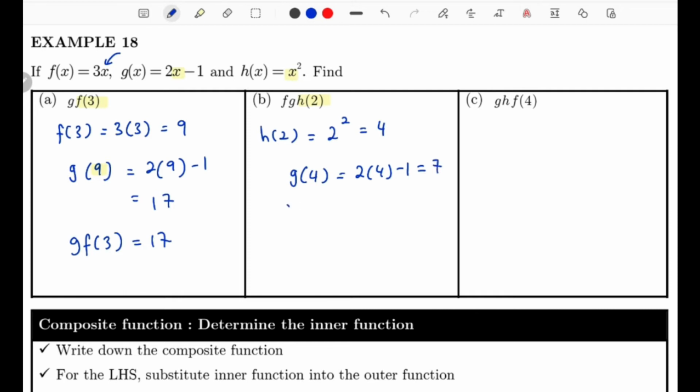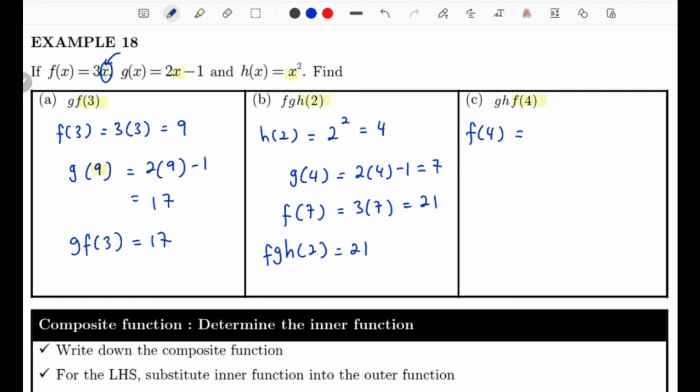And then find f(7). So substitute x here with 7, 21. So fgh(2) is equal to 21. And the last one, ghf(4), we do the same thing. Find f(4) first.